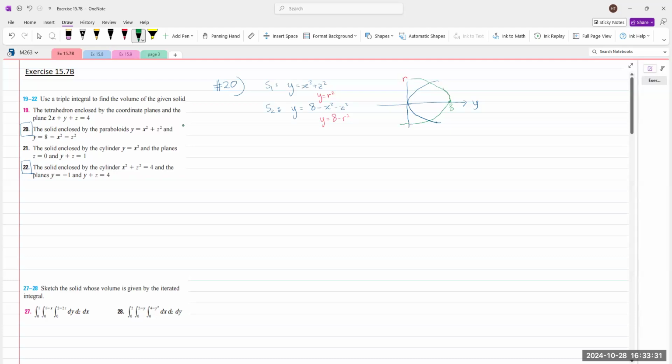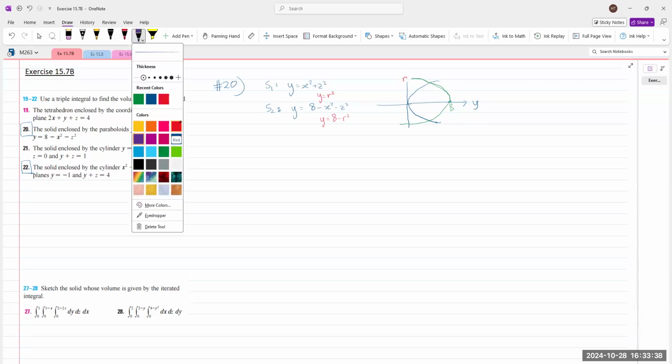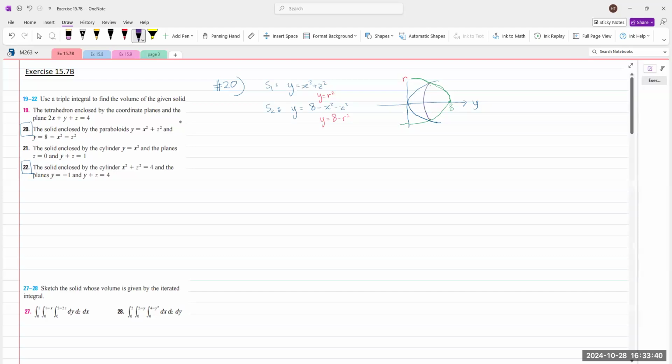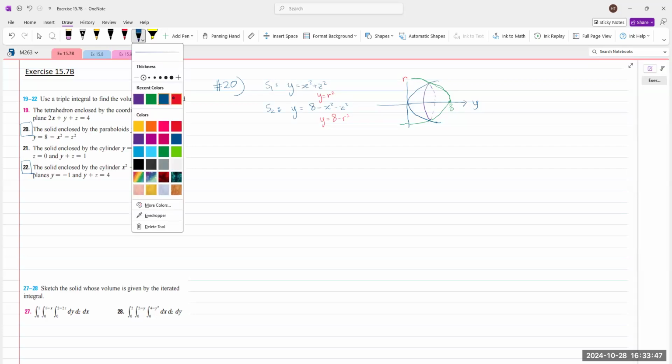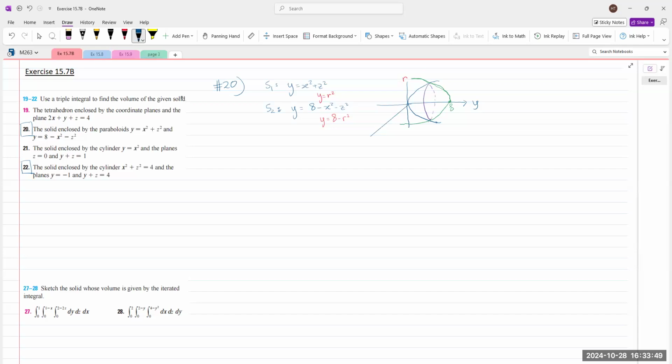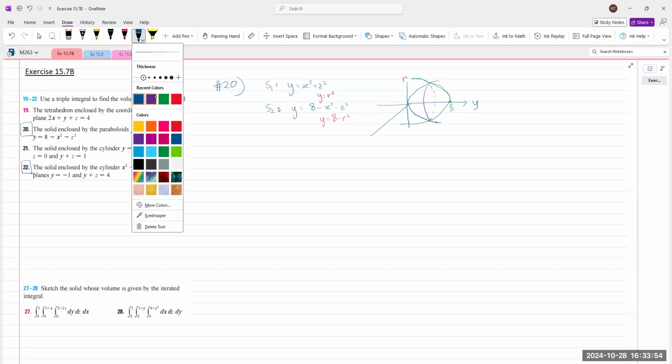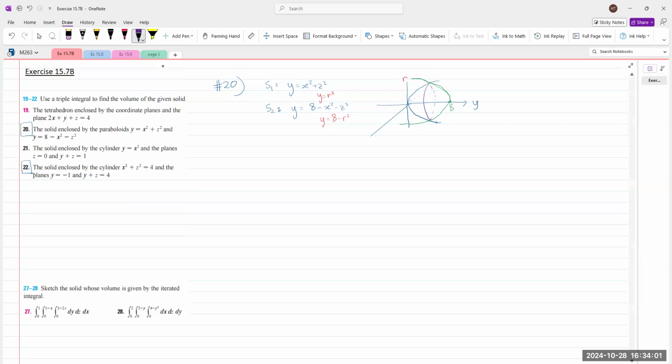Now imagine if we revolve this around the y-axis, that will give us this intersection here. Can you imagine that? Okay, so our solid looks like a paraboloid that opens to the right for the first one and opens to the left for the second one.